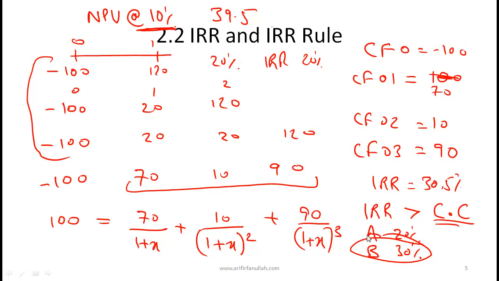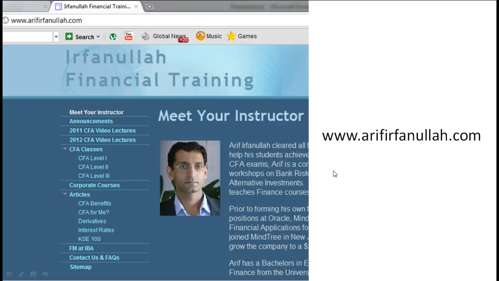If on a given project you are getting a return that's more than your cost, then you are generating value for shareholders. So there are two ways of looking at the same picture. If you are generating a return that's greater than your cost, clearly that's a good thing. Similarly, if your NPV is positive, that's also a good thing. So these two are practically synonymous. So that's your NPV and your IRR.